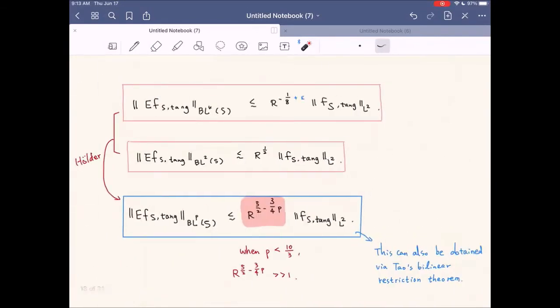From the previous calculation, we obtained a BL4 bound on the tangential part. And we also have the L2 bound, that's the energy estimate. Then we apply Hausdorff's inequality to obtain the final inequality for the P that we are interested in.